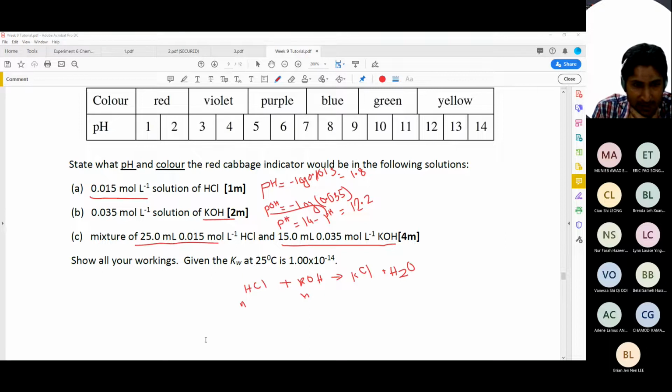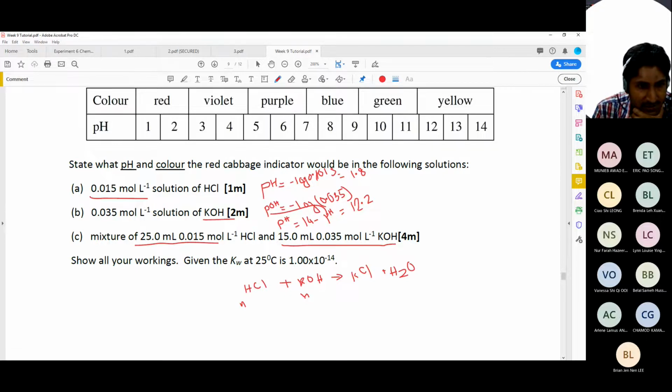And from that number of moles we will see which one is in excess, because this is a 1:1 reaction. Right, it is a 1:1 reaction. So whatever is in excess will remain in the solution. Let me quickly find out the number of moles.